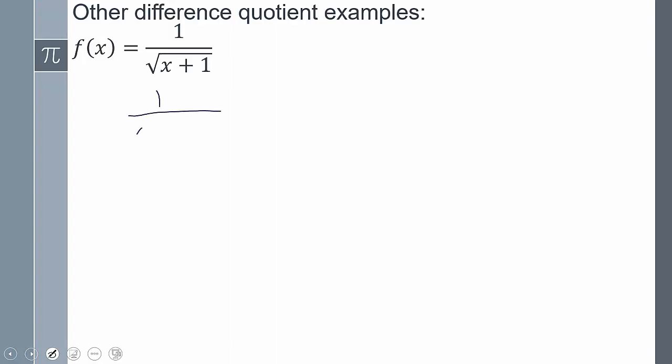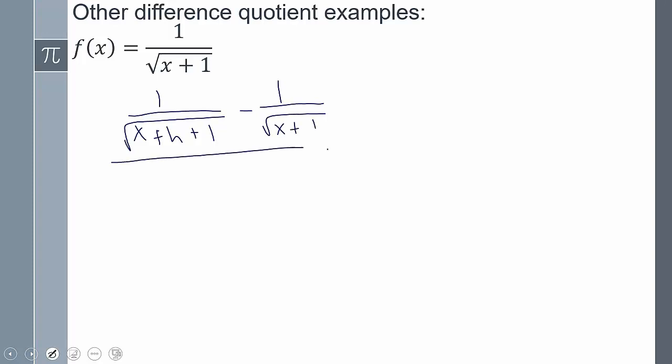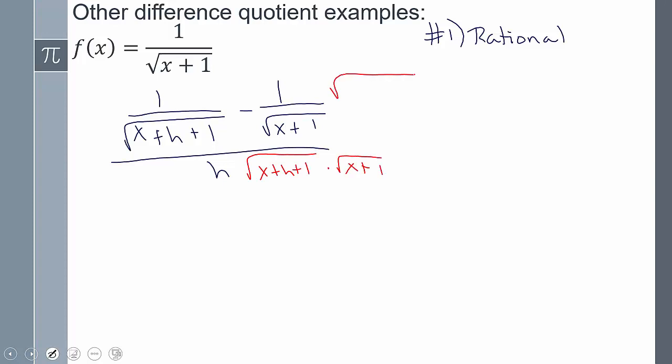The last one is work intensive, and you're going to combine both ideas together. If I plug in the x plus h, minus f of x, all over h, you're going to do both. The first thing you're going to do is pretend like it's rational, and you would multiply by the common denominator: x plus h plus 1 times x plus 1, square root of x plus h plus 1 times square root of x plus 1.